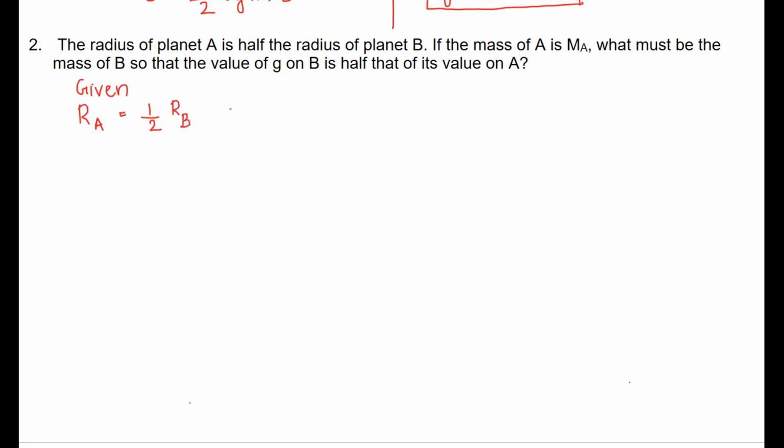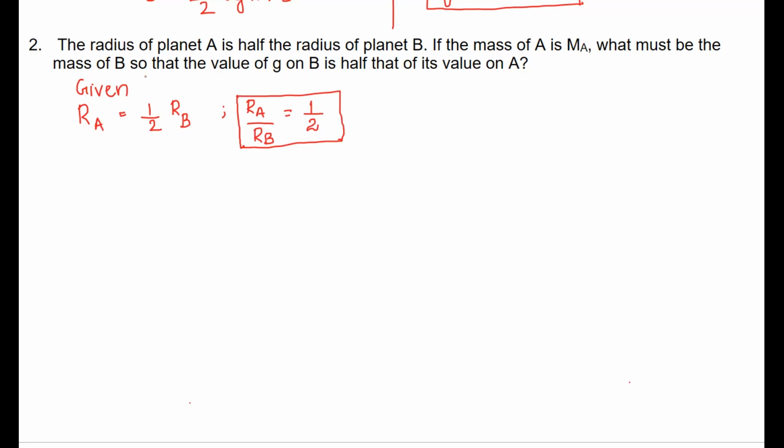On cross multiplying this, we will get RA upon RB is equal to 1 upon 2. Now, if the mass of A is MA, what must be the mass of B?